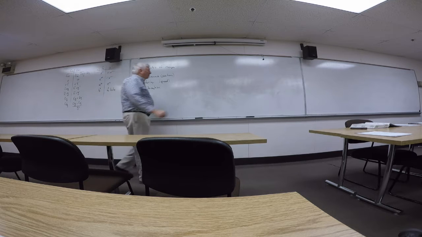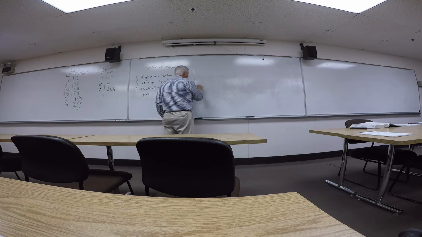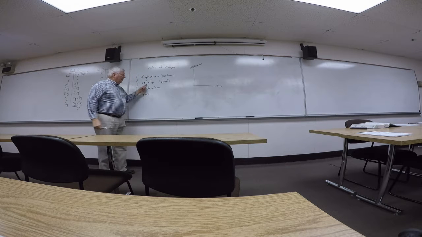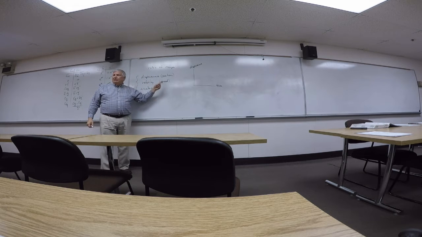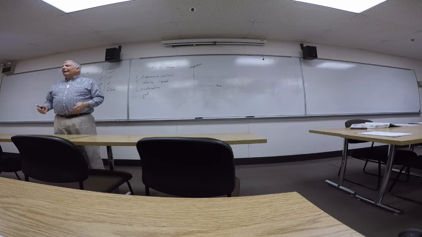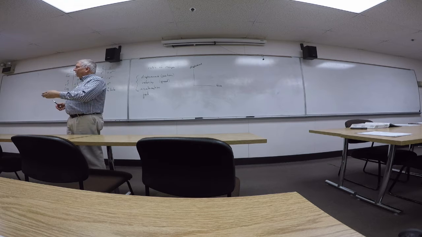So if I draw a graph where we have displacement and time. Oh, and by the way, the difference between velocity and speed. Velocity is technically a vector quantity. It has a magnitude and direction. 70 miles per hour to the north is not the same as 70 miles per hour to the south.